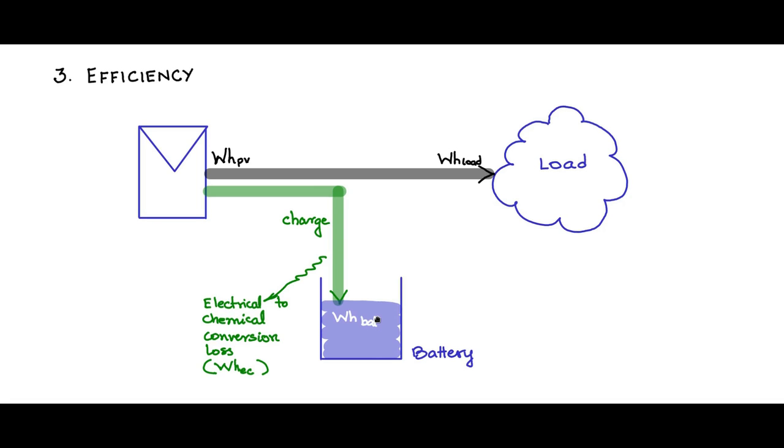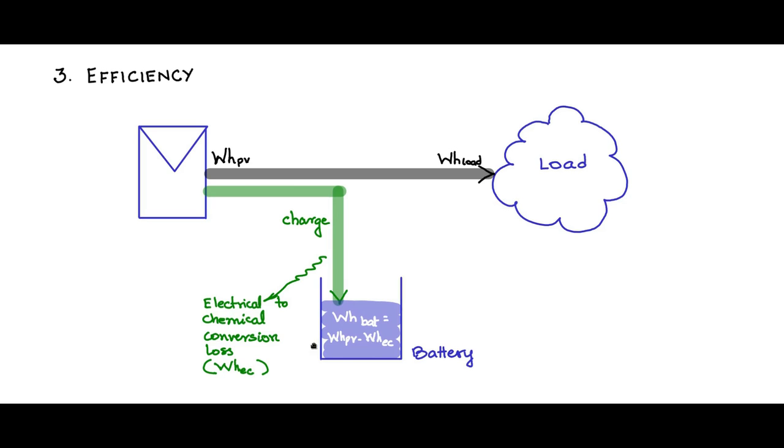And we will call the energy that is stored in the battery WH battery, and that is equal to WHPV minus the conversion watt hours EC, electrical to chemical conversion watt hours. So that much amount is lost.